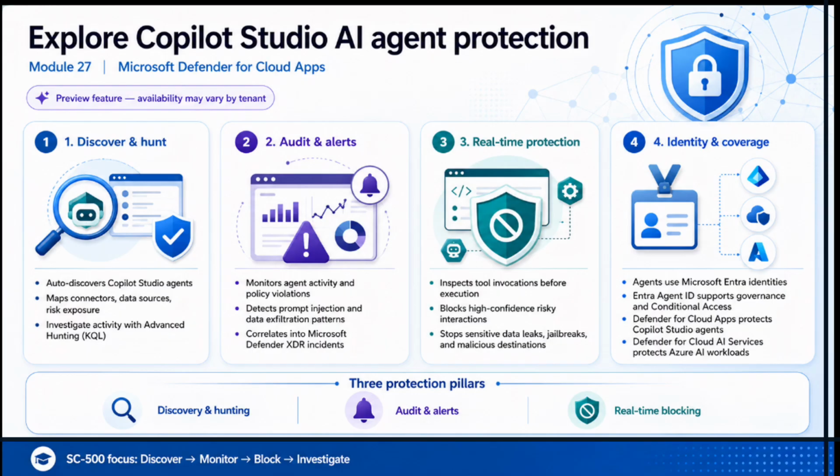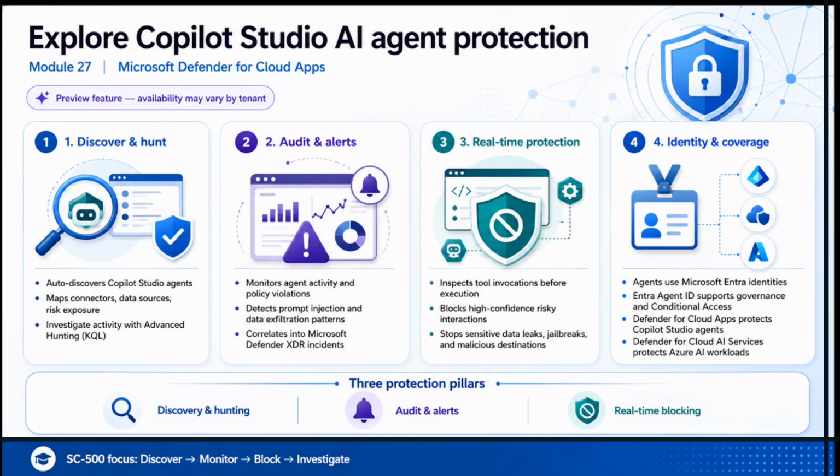The strongest protection comes from real-time runtime inspection. Defender examines tool invocations before they execute and can block high confidence threats such as attempts to expose sensitive data, leak credentials, misuse internal tools, and send information to malicious destinations.